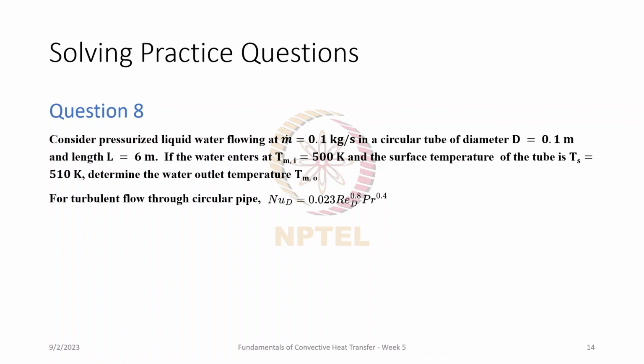So let's get this last problem done. Here we have flow through a circular duct. The mass flow rate is given, as well as the diameter and length of the tubes. And if water is entering at a certain temperature, and it's an isothermal boundary condition, that is, the wall is at the same constant temperature Ts equal to 510 Kelvin, then what would be the outlet temperature TMO?